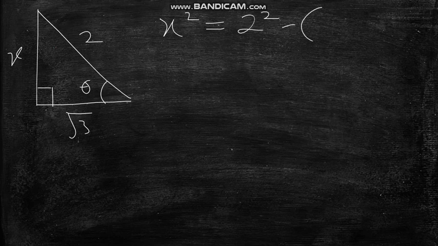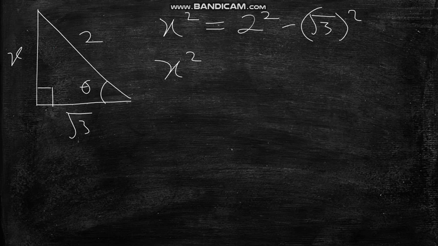So let's work on that quickly. If you've not watched my video on Pythagoras theorem, you can go and watch it. It's on YouTube. So using Pythagoras theorem to solve this, remember we said x squared will be equal to the square of the hypotenuse minus the square of the other given side.